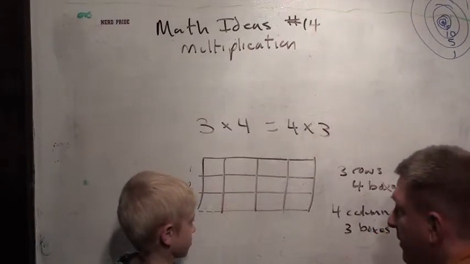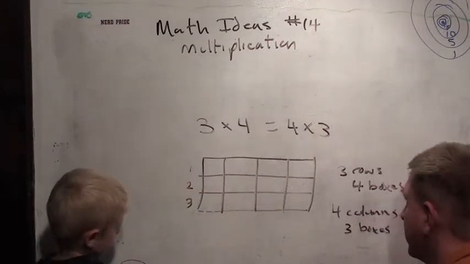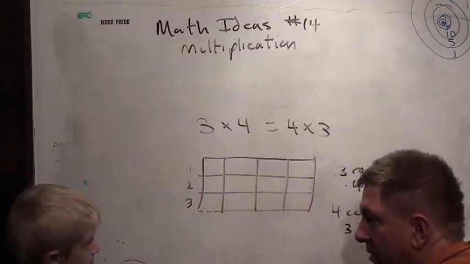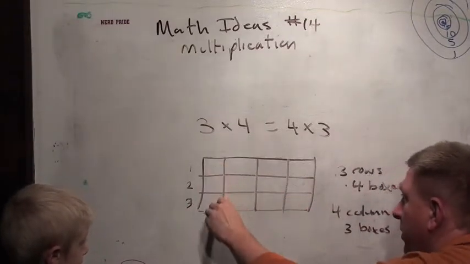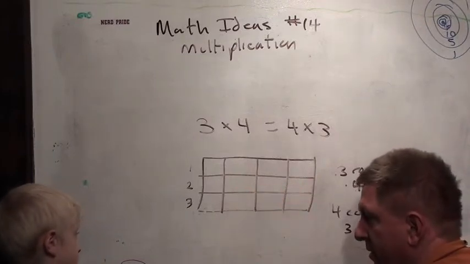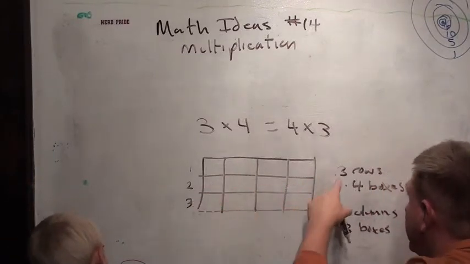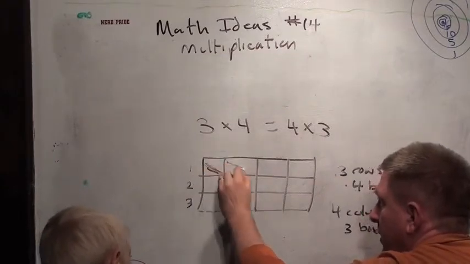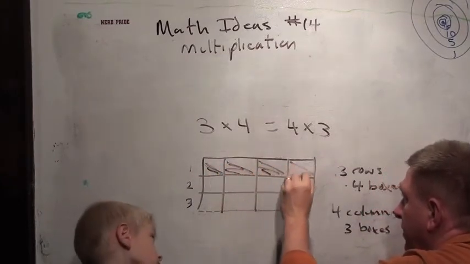Okay, so if we're going to count the boxes, we can either say there's 3 times 4, 3 rows, 4 boxes, or we can say there's 4 times 3, right? So if I did 3 rows, 4 boxes, here's each row. 1, 2, 3, 4.